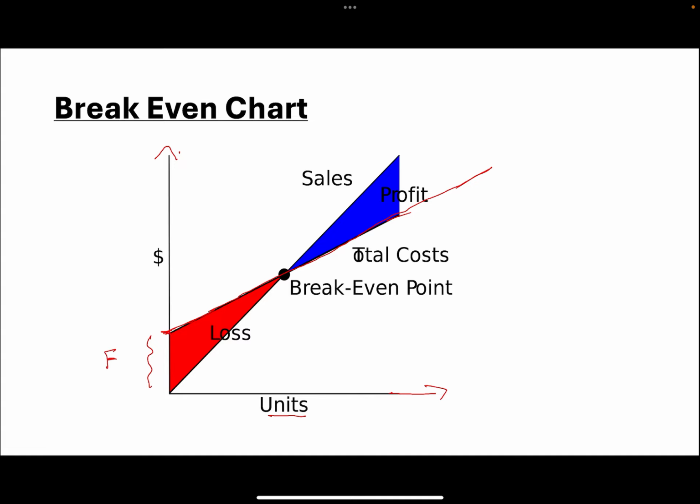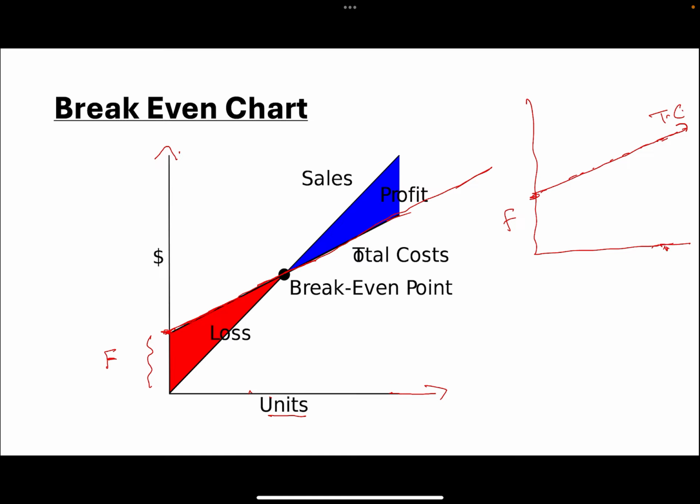Above this, for each unit sold you have a cost, so you can draw a line like this. This will be the total cost line.